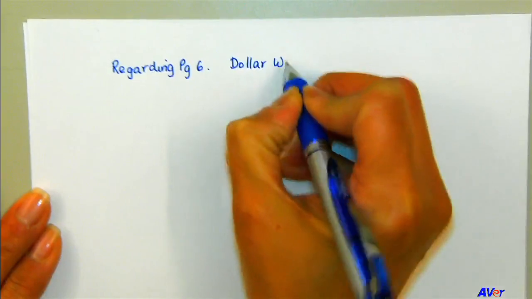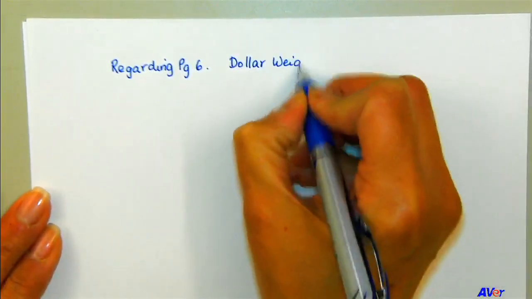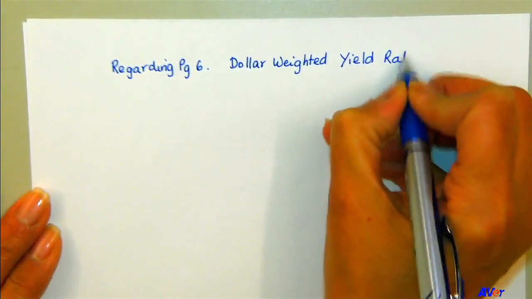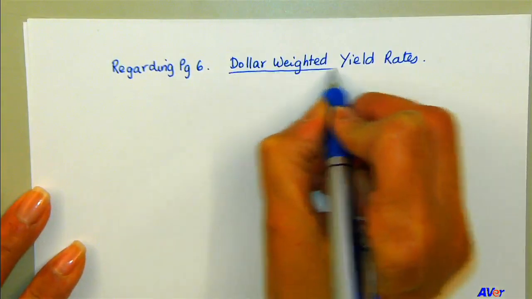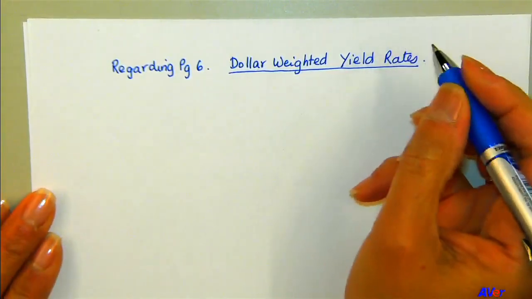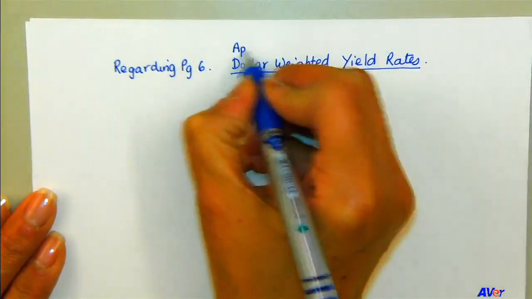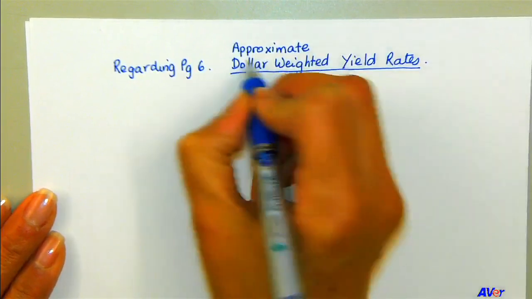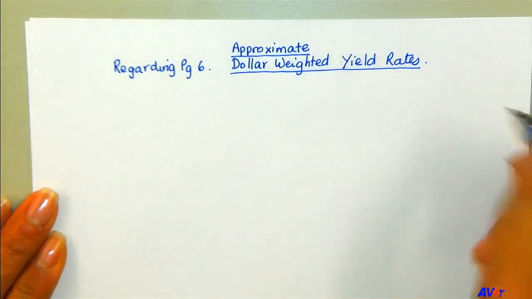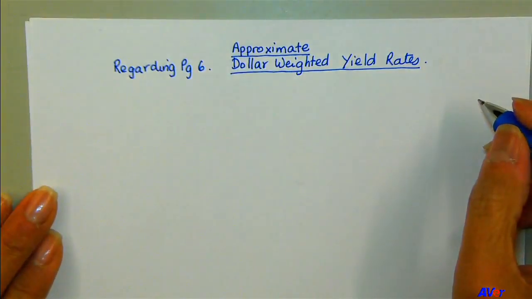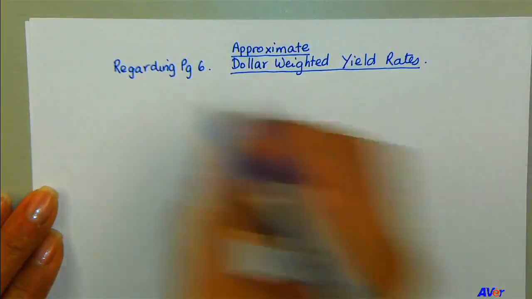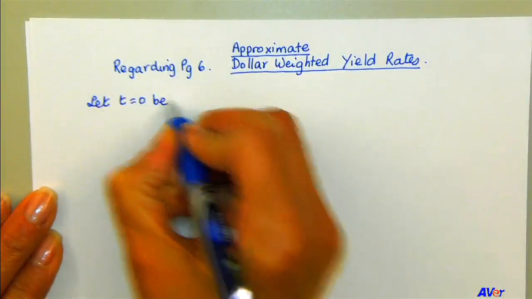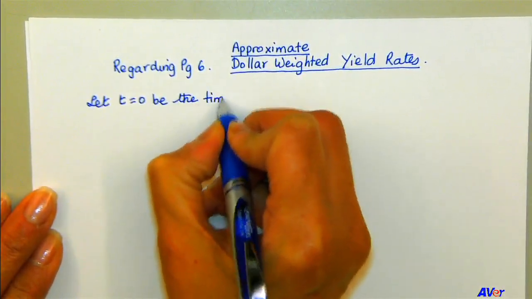dollar-weighted yield rates. So we're trying to approximate dollar-weighted yield rates. I will do the exact dollar-weighted yield rate also later. So let t equal 0 be the time of the initial investment.